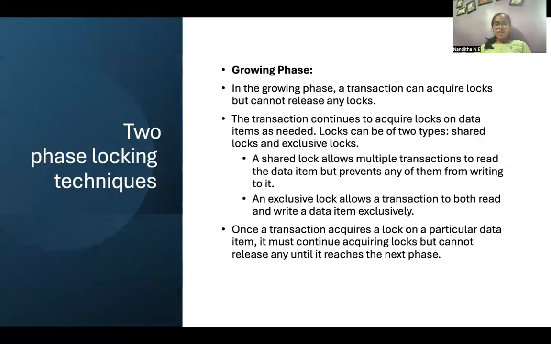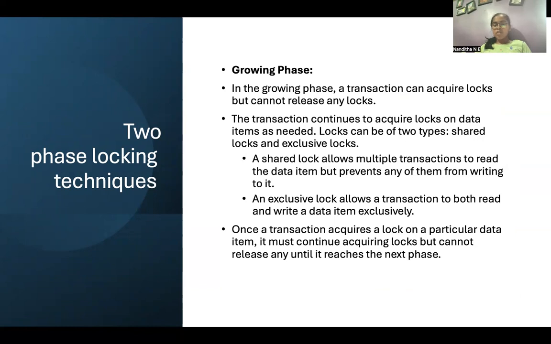Now, in the two-phase locking technique, the first phase is the growing phase. In this phase, a transaction can acquire locks but cannot release any locks. The transaction continues to acquire locks on data items as needed. Locks can be of two types, shared locks and exclusive locks.